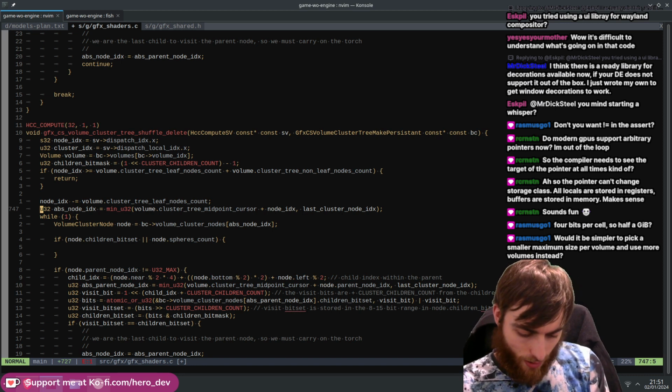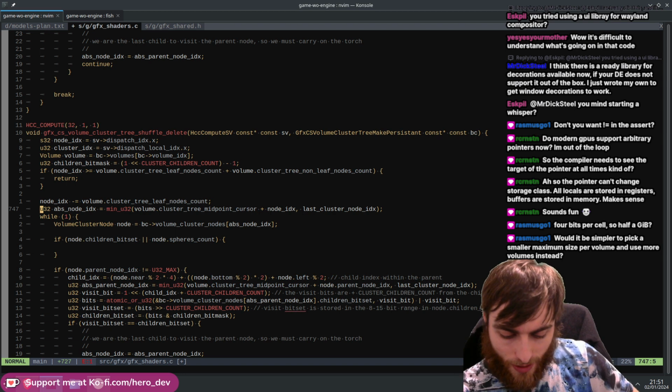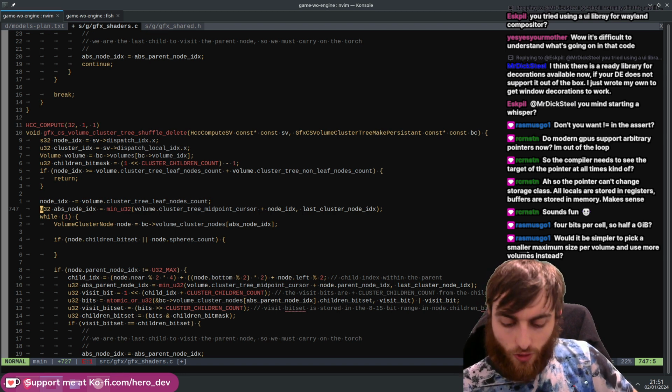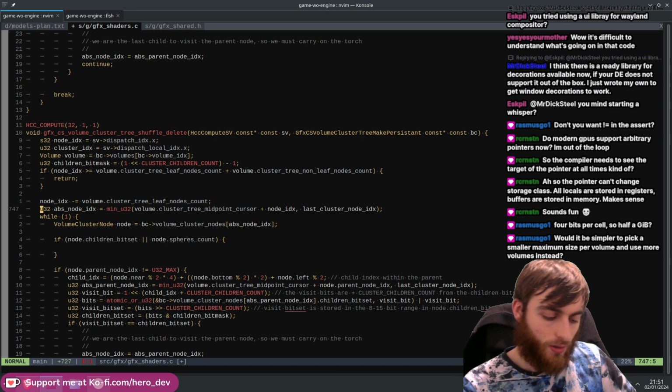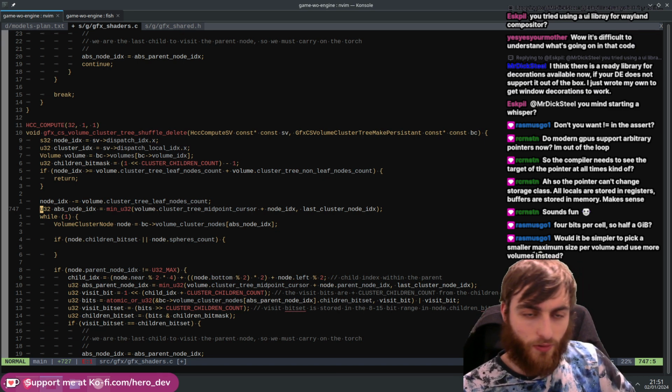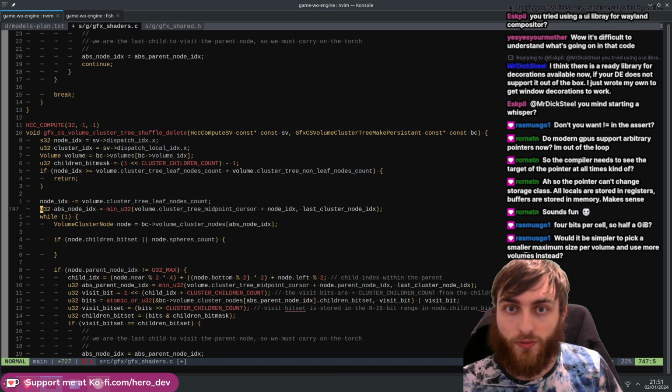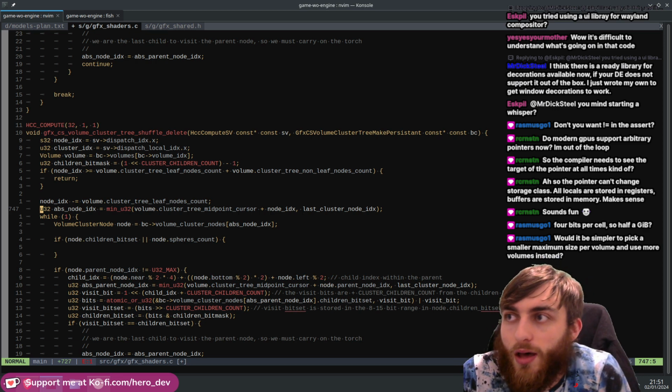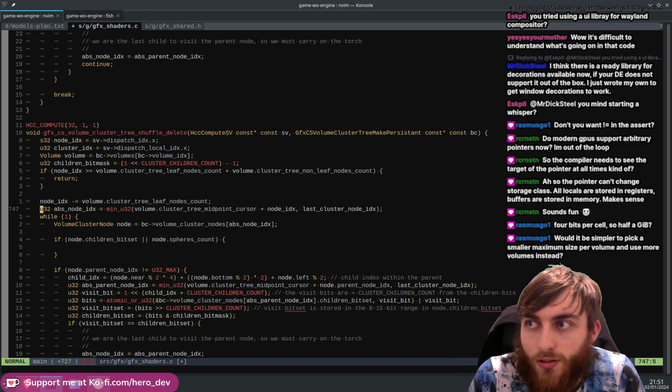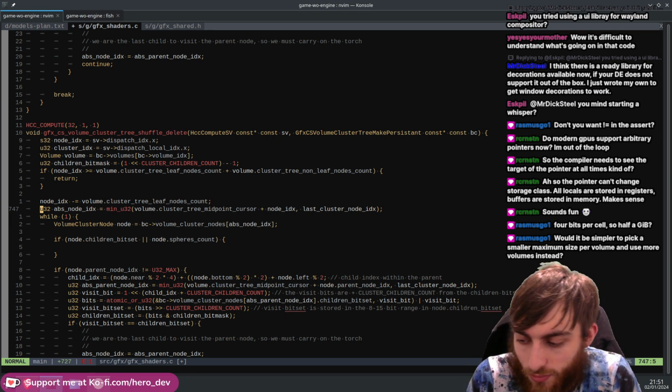What do we pick? Simpler to pick a smaller maximum size per volume and use more volumes instead. So yes, what you're saying is just have the limitation be 256 by 256 by 256.